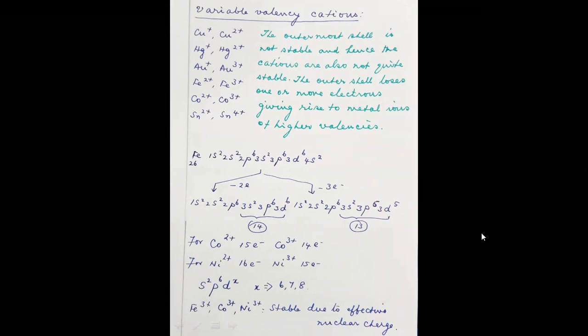Now look at this. Iron, atomic number 26. Now you can see the electronic configuration like this: 1s2, 2s2, 2p6, 3s2, 3p6, 3d6, and 4s2.